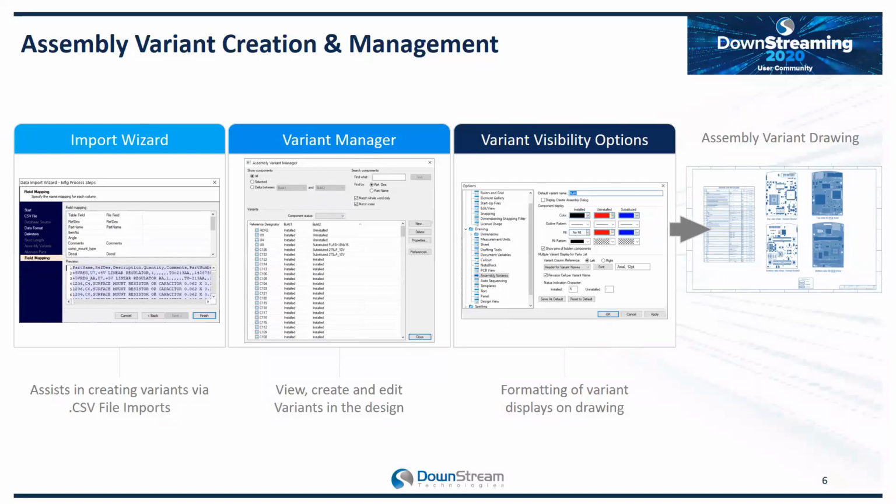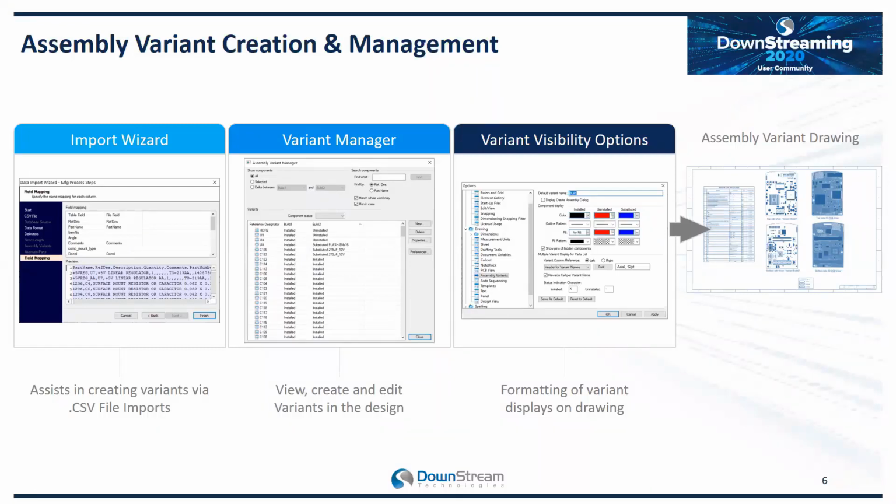I can read that in through the import wizard, and Blueprint recognizes, okay, here comes the parts list. Oh, these ref designs are missing from the master. These part names or part types are different than what's in the master, and it understands and builds the variants and automatically identifies what's uninstalled, what's installed, and what's substituted. And when I have substituted parts, I could have a different set of attributes for that part, right? Different values, tolerances, and so on.